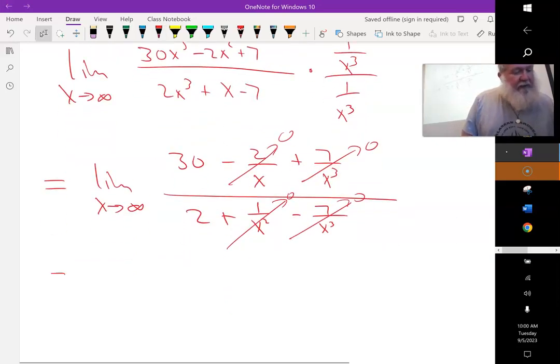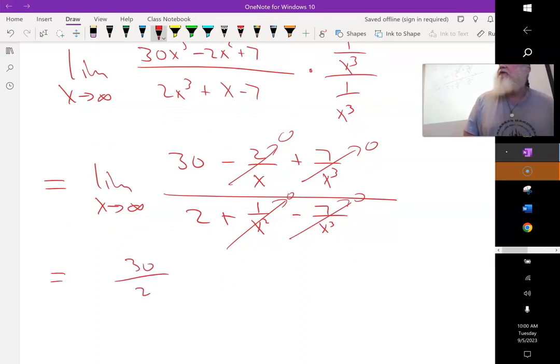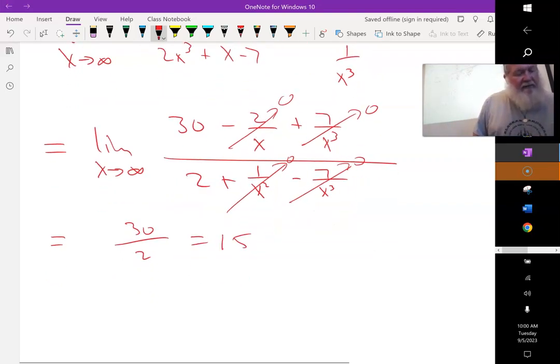So in the numerator, we get what? 30, right? 30 minus 0 plus 0, or whatever that is. In the denominator, we get what? 2, right? Notice what I wanted there. I wanted to shake out some constants that weren't 0, because we love when we're not having zeros in things. And 30 divided by 2 is what? 15. So what do we have? We have a horizontal asymptote.